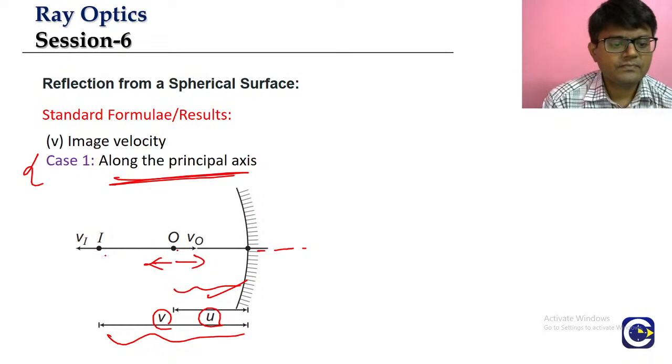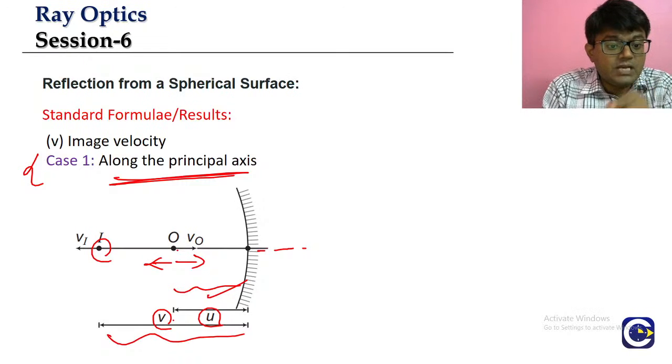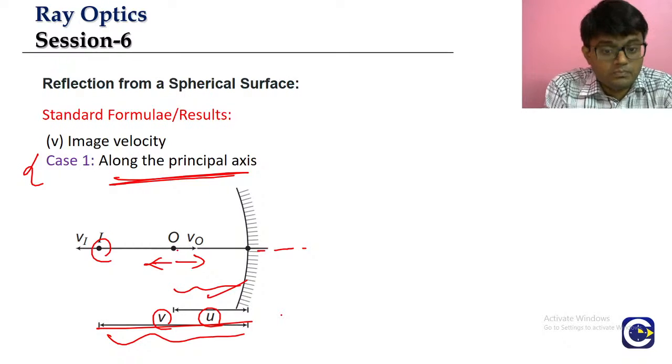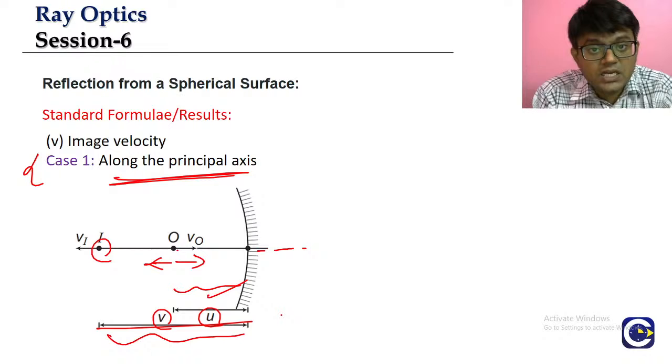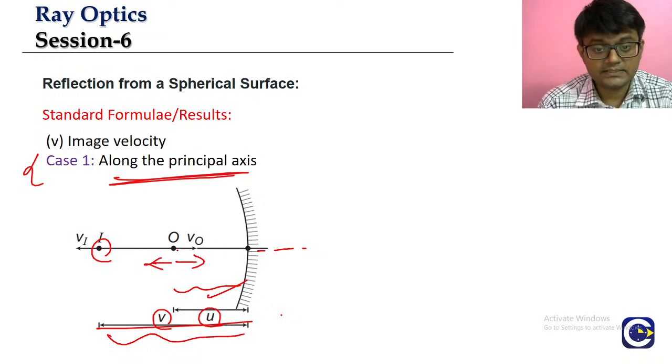Same way for the image, the rate at which the v value is changing, because v represents what? The distance of the image from the pole. So the rate at which v is changing represents the component of the image velocity along the principal axis.